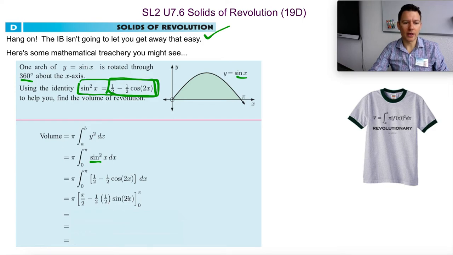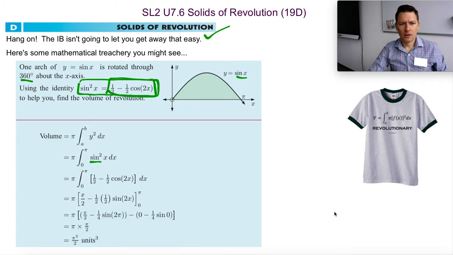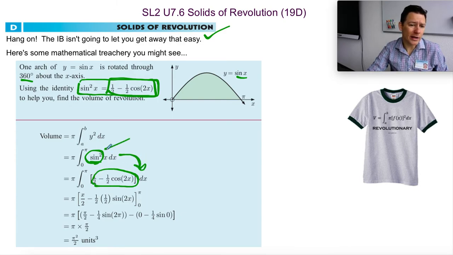We integrate by u-substitution to get this piece, and then plug in your pi and your 0. Great. So same sort of thing, but sometimes they'll throw a little wrench in the works to go from here to here because we don't necessarily know how to integrate that.